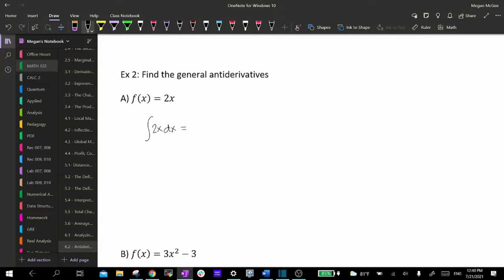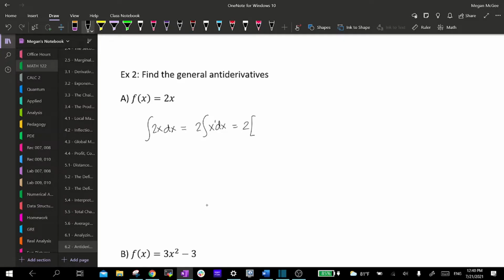We're going to use our constant multiple rule, which says we can pull the 2 out. So now we just have the integral of x with respect to x. Okay, so this is our power rule where n is equal to 1. So we'll leave this 2 out here.